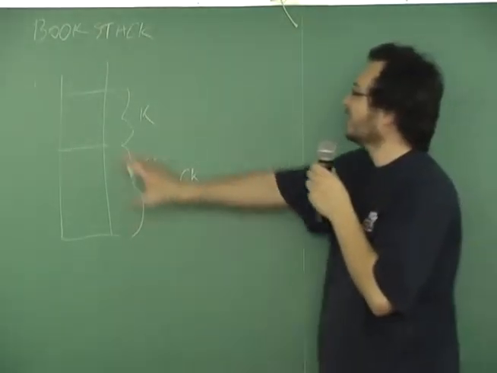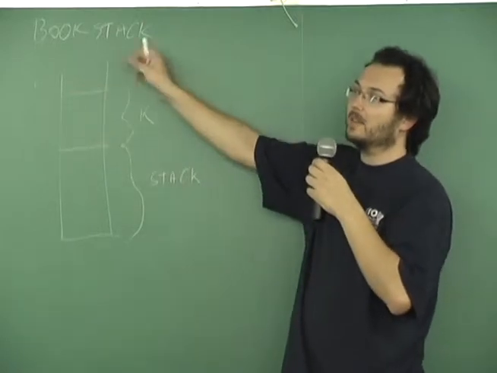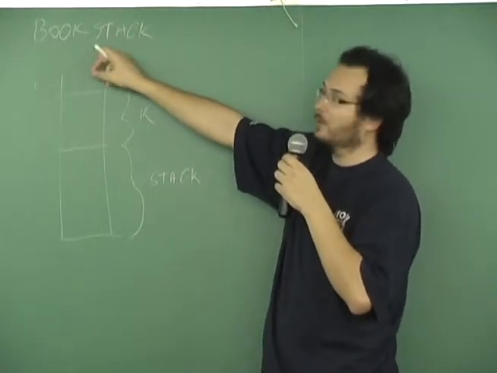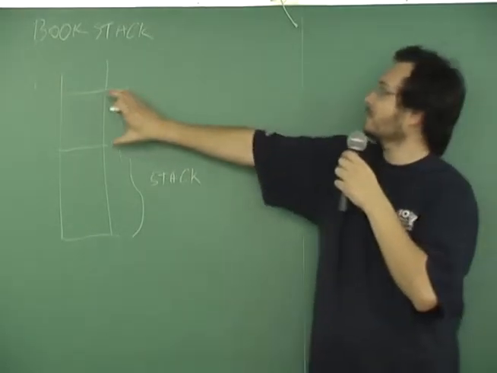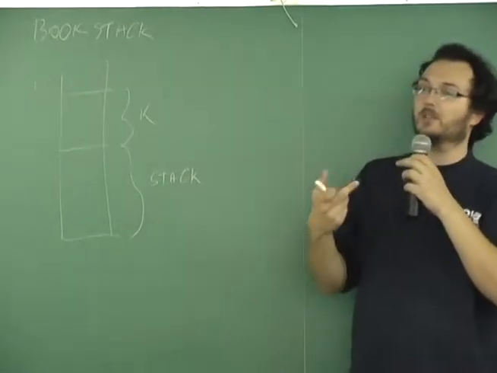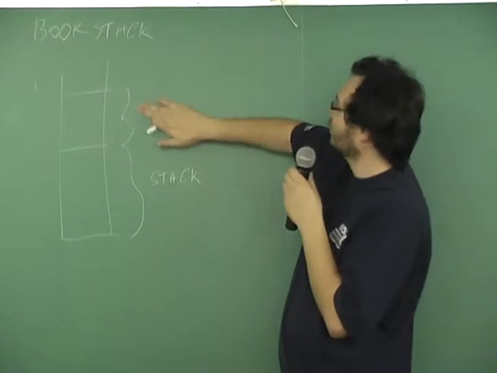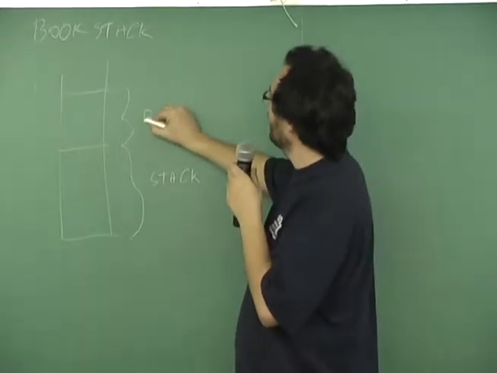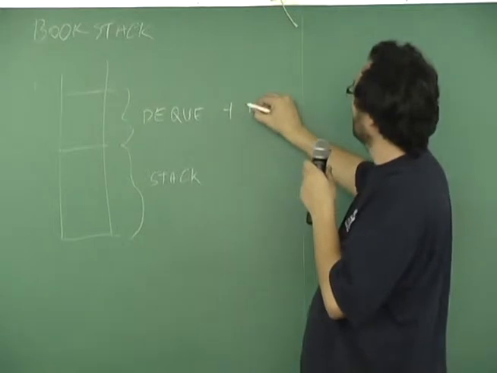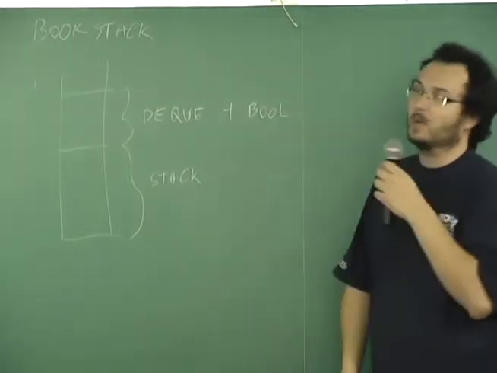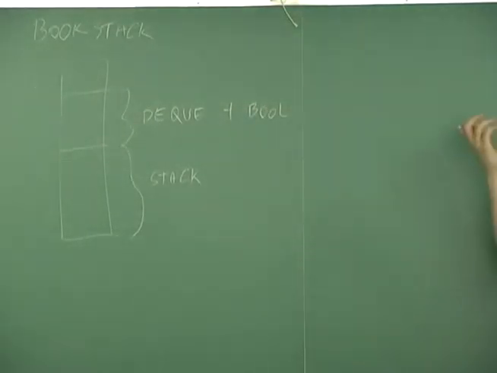And what happens here? Here we need to add and remove items at one of the ends of the sequence. But we can also flip the sequence and then work with the other end. So in order to do this efficiently, we will use a double-ended queue plus one Boolean flag representing which of the ends of the double-ended queue is currently on the top of the stack.